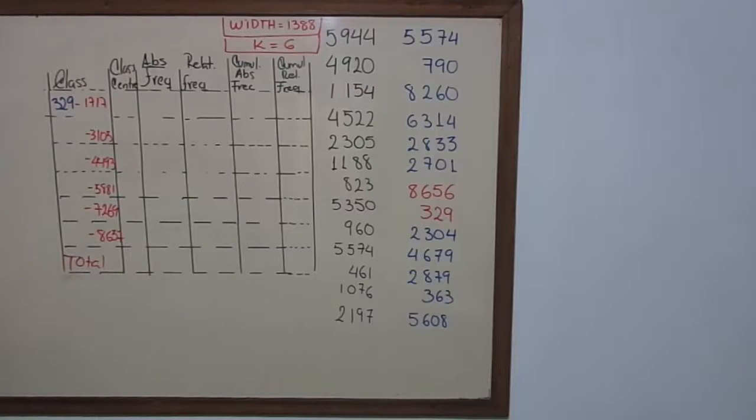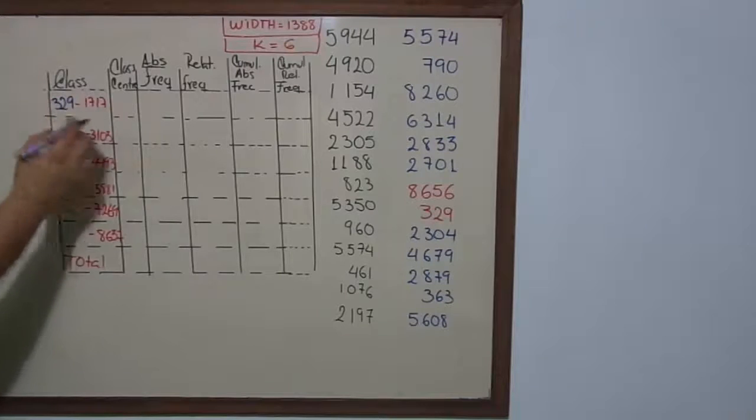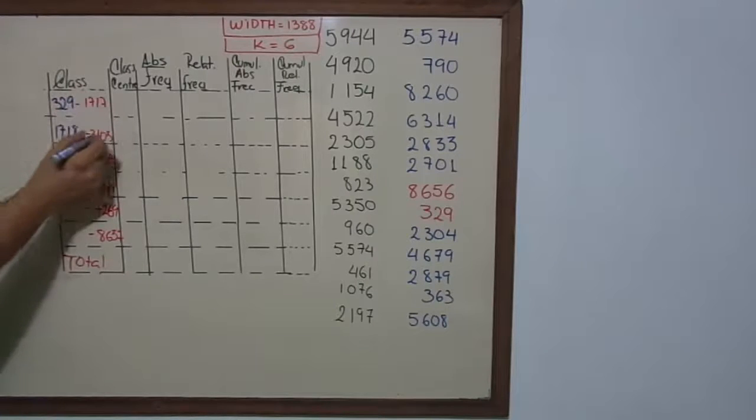There you go. Now, for the other numbers, the ones that I'm writing here in blue, of course, this is not going to start from 1,717. That's going to start from the next number. So that means that this number is 1,718. So we add just one unit to the last number of the past class.